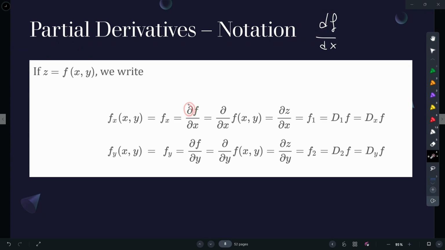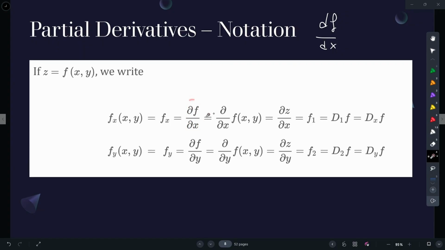We use this letter, which is the letter we use for partial derivatives, as a mental reminder that f is a function of several variables, and that this is a partial derivative with respect to this variable.